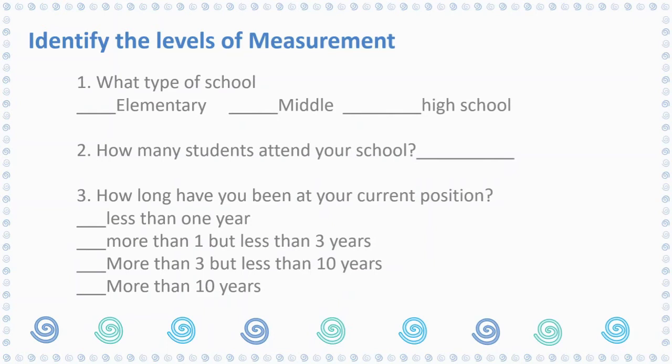For number 2, how many students attend your school? I'm just giving you a second to think about it. And again, it's going to either be nominal, ordinal, or interval ratio.